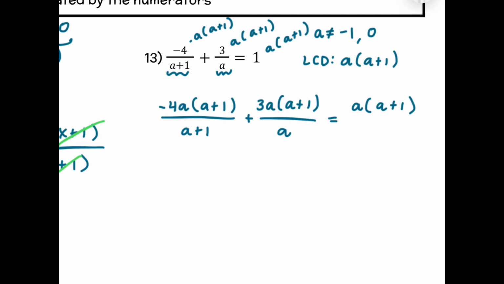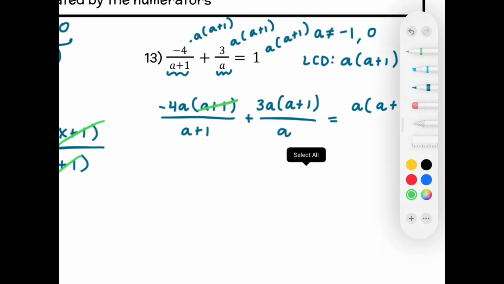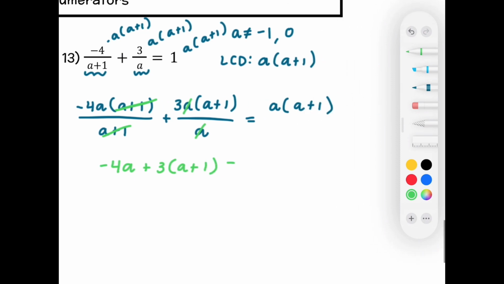And then we're just going to cancel what we can. We have a plus 1 on the top and the bottom, so we're just going to be left with negative 4a. We have just an a in the top and the bottom, so we're going to have plus 3 times a plus 1, equals, and then we don't have a denominator for this part, so there's nothing that's going to cancel out. So equals that a times a plus 1.